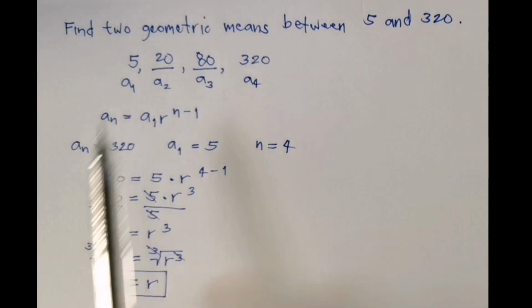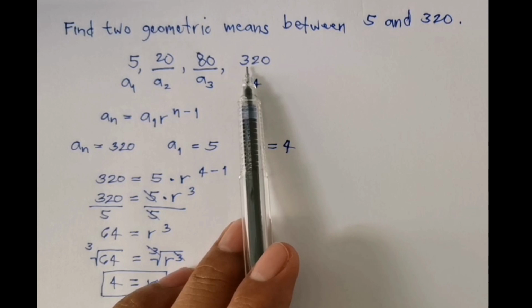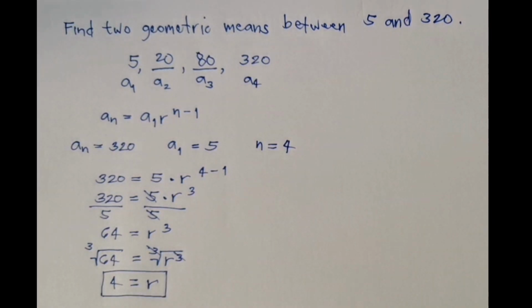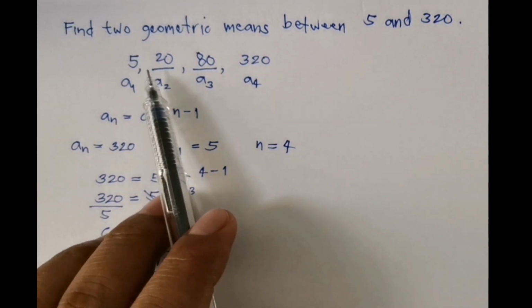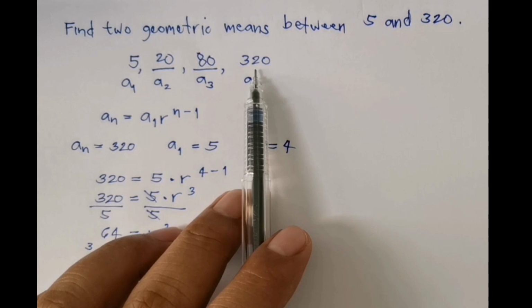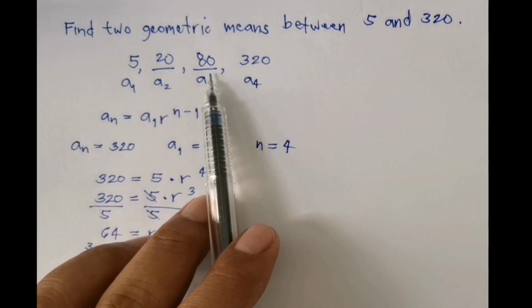And 80 multiplied by 4 is equal to 320. So meaning, the two geometric means in between 5 and 320 are 20 and 80.